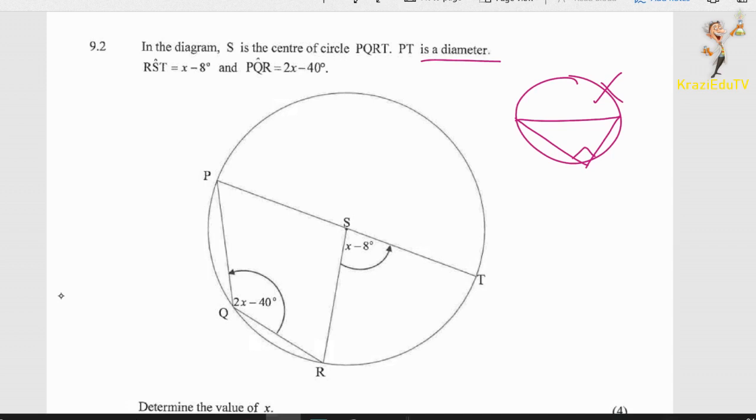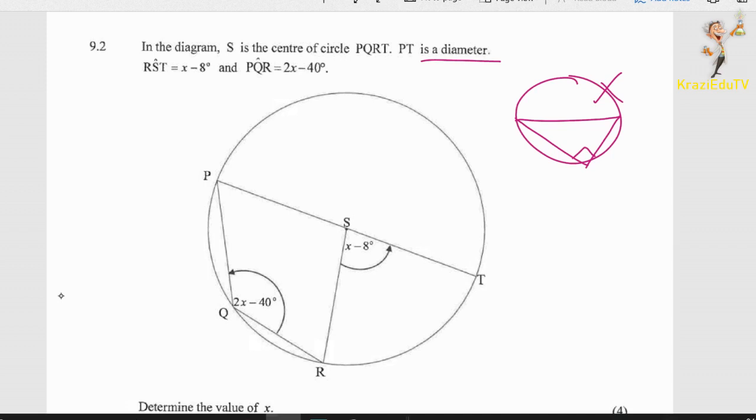We can use that the angle at the center is twice the angle at the circumference. The question is, which chord are we going to be using? However, that might not be very visible for everyone to see.